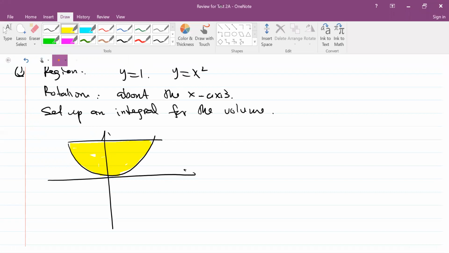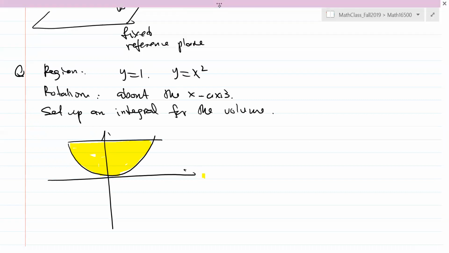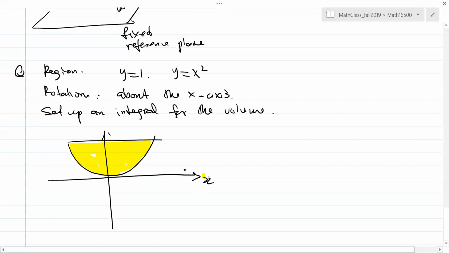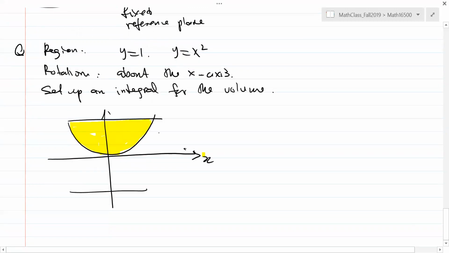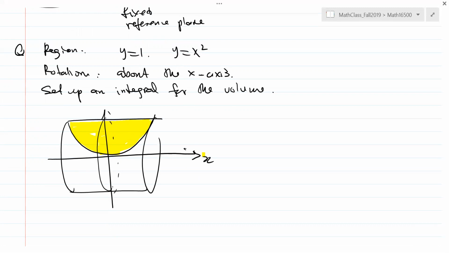You're going to rotate about the x-axis, so you get 3-dimensional space, so that you can see from all sides. It's a cylinder.